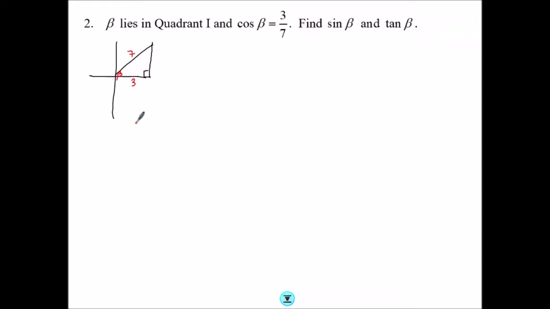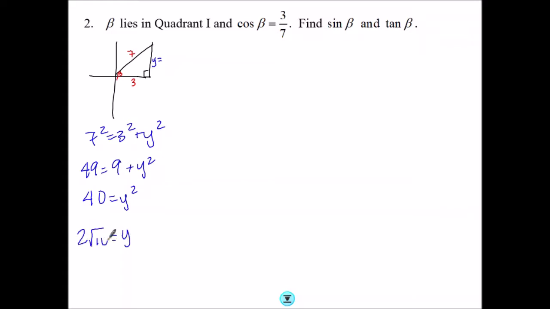We can use the Pythagorean theorem to find the other side, which is y. So we have 49 equals 9 plus y squared. So y squared is 40, and y is square root of 40, which simplifies to 2 square root of 10.